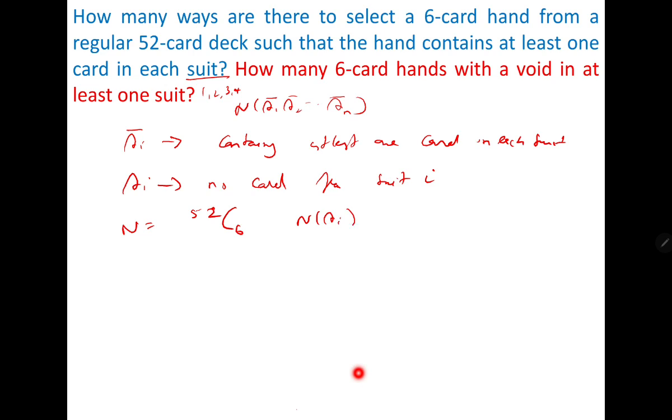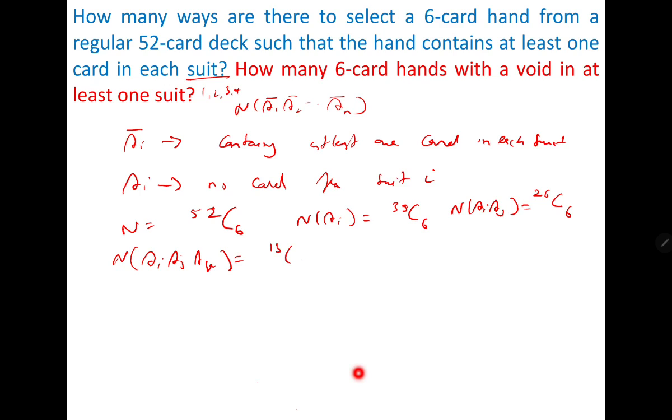Then n of ai is, for example, I cannot pick a card from the third suit. So the remaining cards are, each suit has 13 cards, so remaining are 39. So out of 39 I have to pick 6. Then if two suits are not allowed, there are 26. If 3 are not allowed, then there are 13.